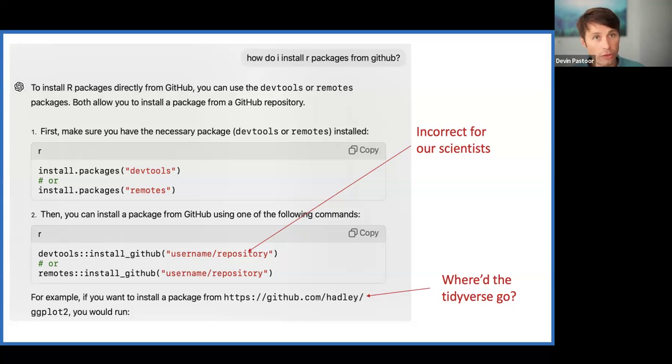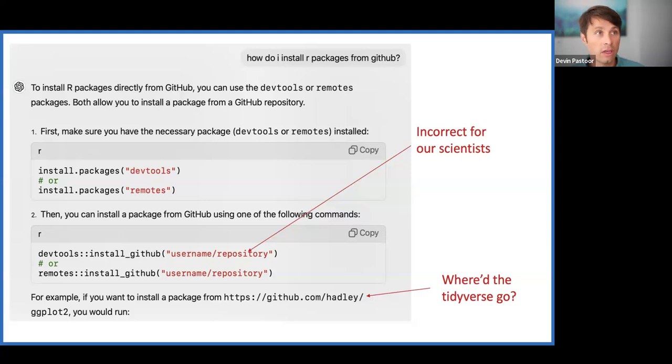And so for this, we chose one of our test questions as, how do I install our packages from GitHub? Now, on top of this being a question that we want to be able to answer with our knowledge base, this one is particularly interesting because it's something that does exist publicly, so to speak. In fact, when you query ChatGPT, you get a well-formulated and technically correct response.